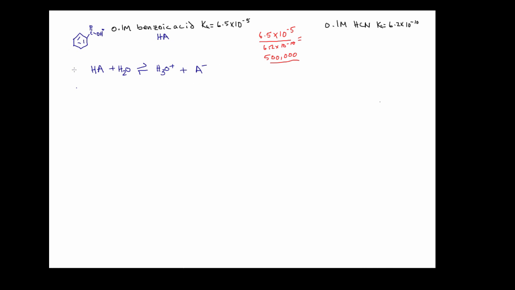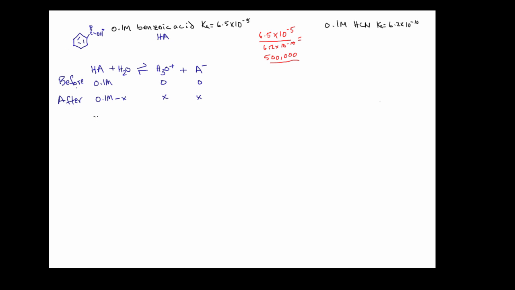Again, we're setting up our ICE box. Before any reaction happens, we have 0.1 molar of the HA, 0 of the H3O plus and 0 of the A minus. At equilibrium, after the reaction happens, the HA is 0.1 molar minus X, and the other two are X and X.